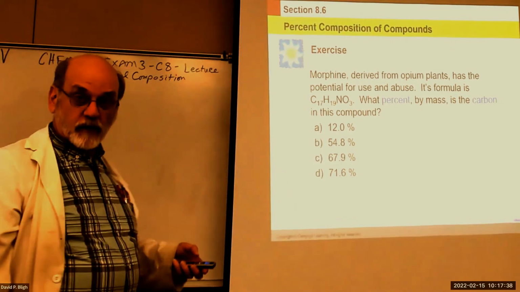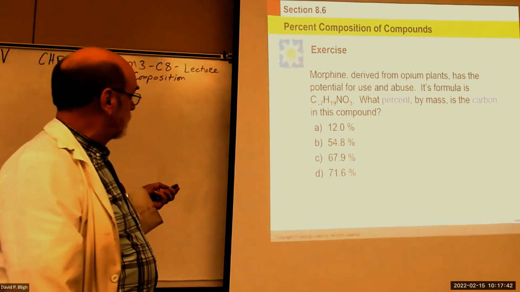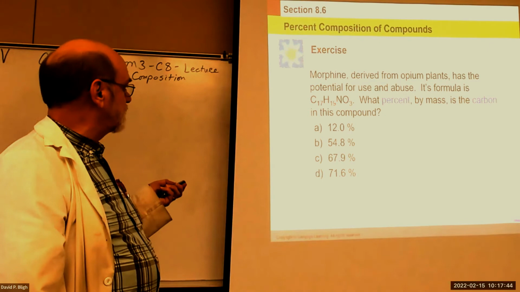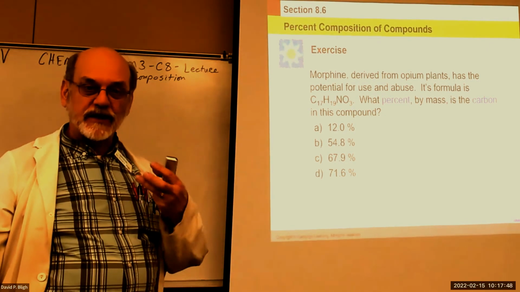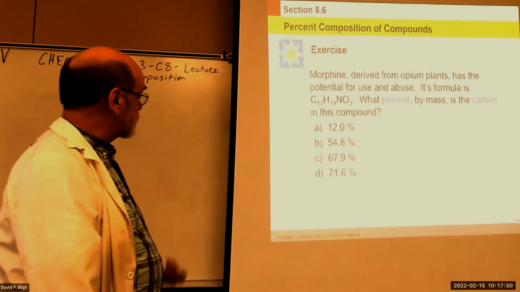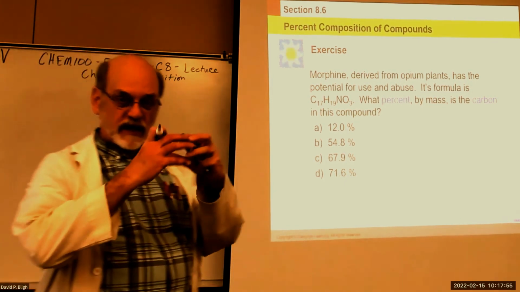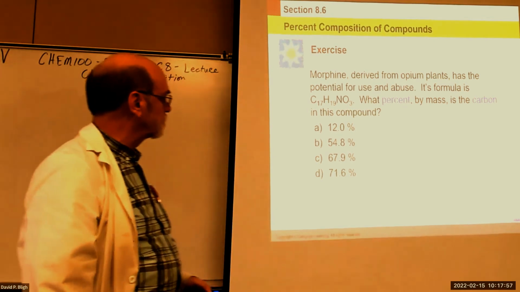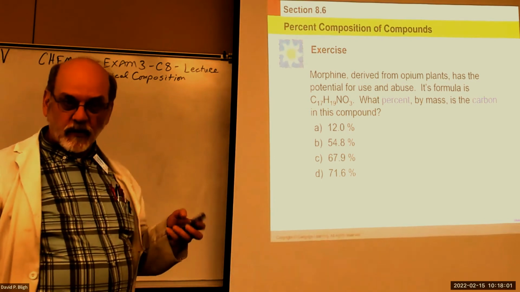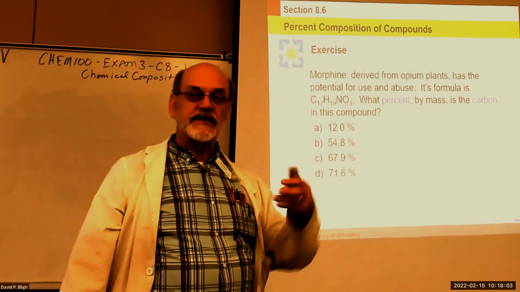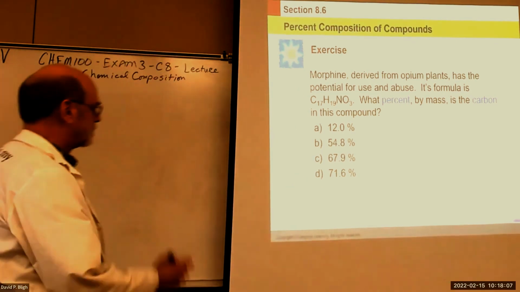Well, morphine has a chemical formula, and this is it. 17 carbons, 19 hydrogens, 1 nitrogen, and 3 oxygens in that molecule. Now, this tells us how many atoms of each element are in one molecule. So what percent by mass is the carbon? What would we do? Well, what's in the numerator? 17 times 12.01.